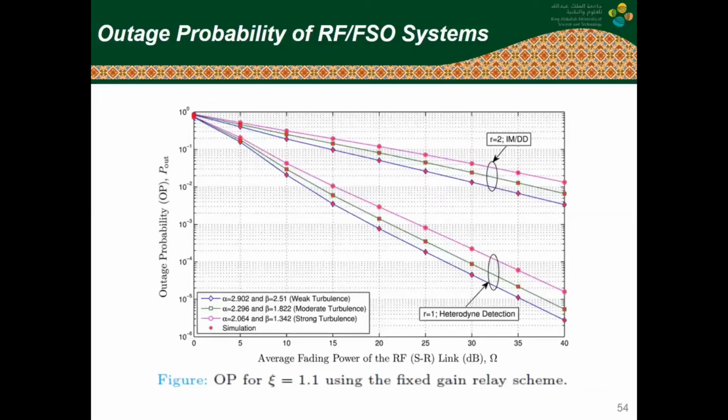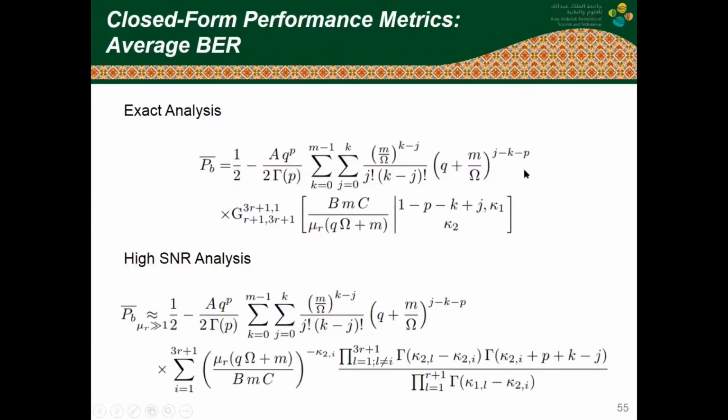And as a way to validate that, we show here the outage probability of these mixed RF FSO systems for both IM/DD and heterodyne systems for different levels of turbulence, from weak turbulence in blue all the way to strong turbulence in magenta. And as you see, simulation results marked by these symbols match perfectly the analytical results in solid lines.